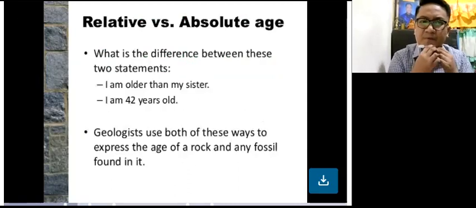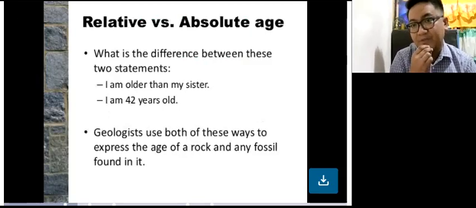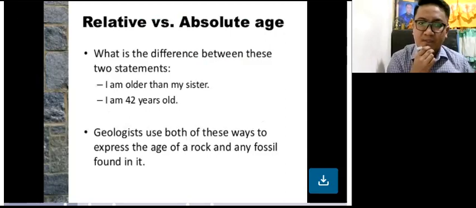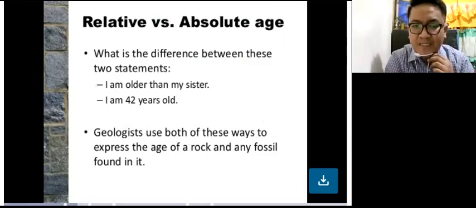Ito po, meron po tayong na-identify na relative and absolute age, or tinatawag po natin relative dating and absolute dating po. Alam po natin, the geologists use both of these ways to express the age of a rock and any fossils found in it.